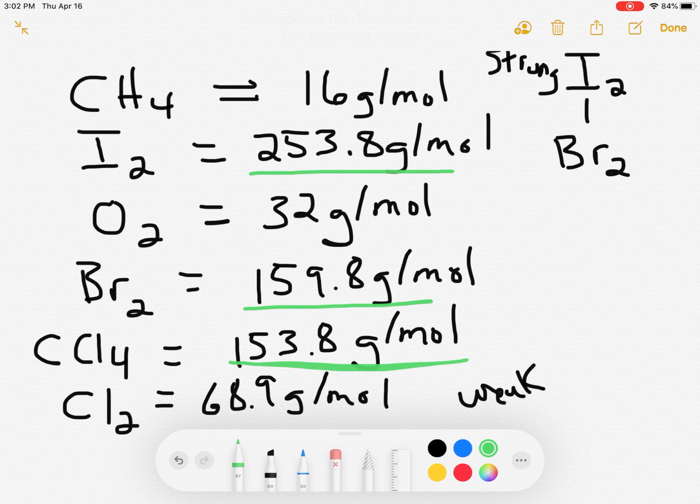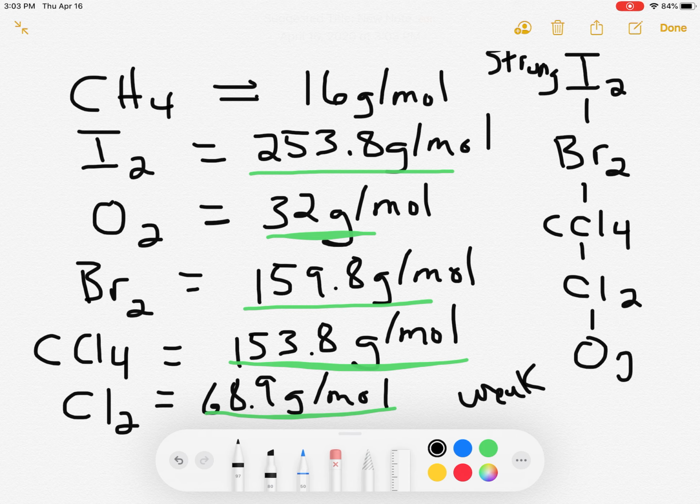Okay, and then it's going to be carbon tetrachloride with 153. So we're going to put that one right here. And then we have chlorine would be next, 68.9. And then oxygen with 32.